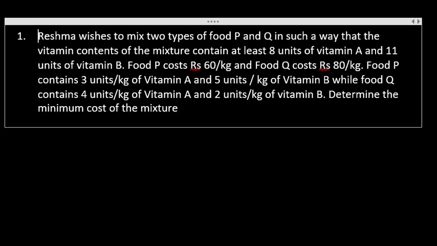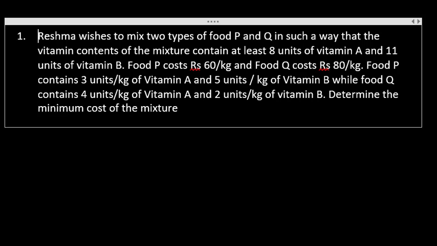Now the first problem here is: Reshma wishes to mix two types of food P and Q in such a way that the vitamin contents of the mixture contain at least 8 unit of vitamin A and 11 unit of vitamin B. Food P costs rupees 60 per kg and food Q costs rupees 80 per kg.